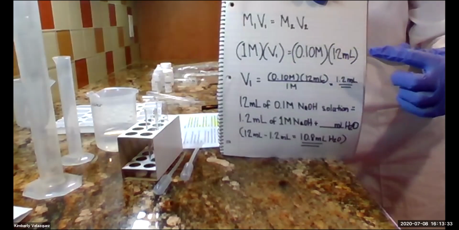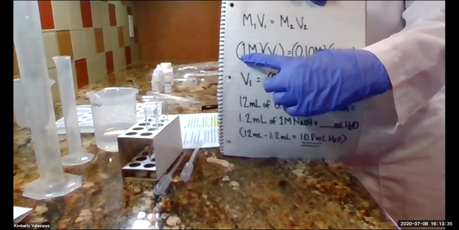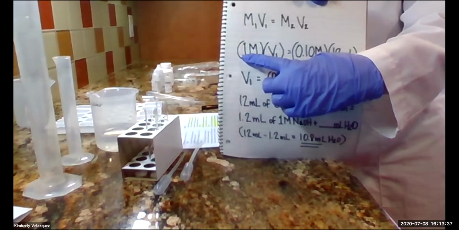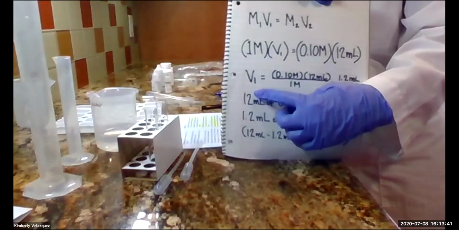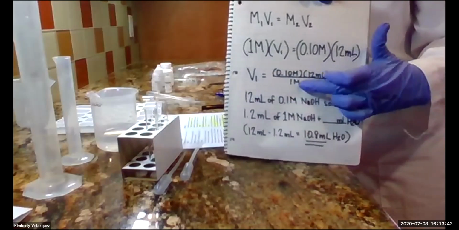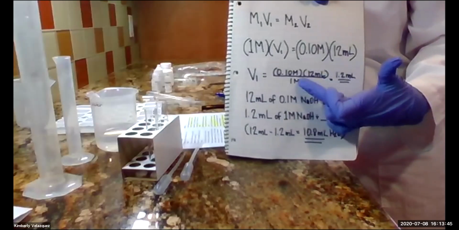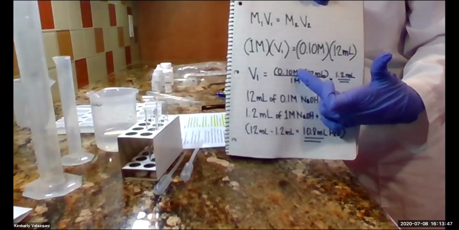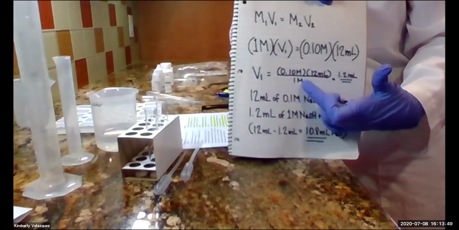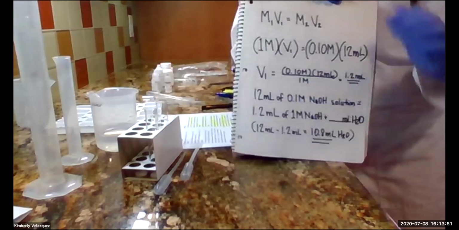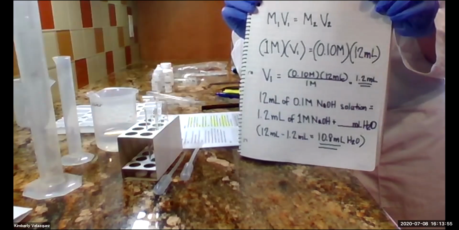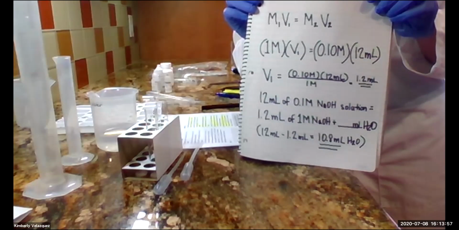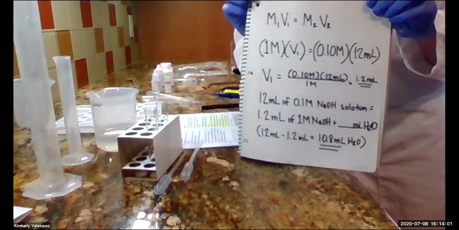We're going to divide by the 1 molar, which, if you divide by 1, is really the same as doing nothing, but it allows us to cross out units. So moles here cancel out with moles here, and I'm left with milliliters. You can see that I need 1.2 milliliters of sodium hydroxide to make this solution.